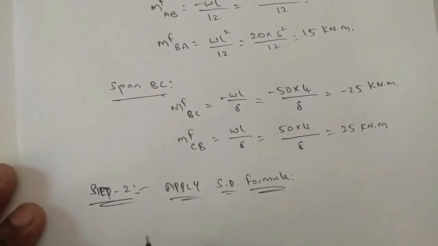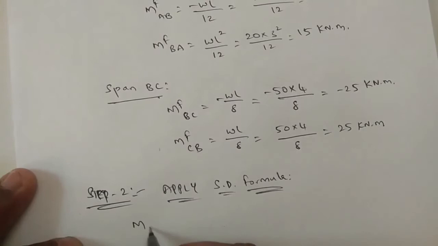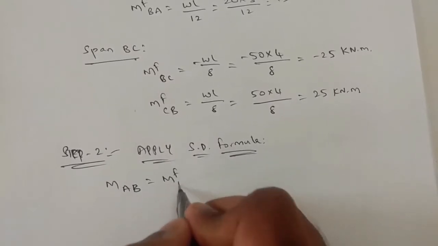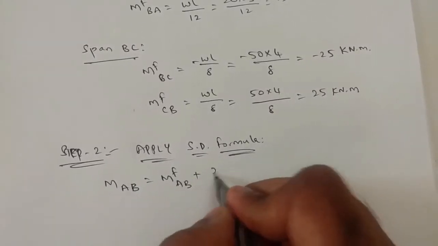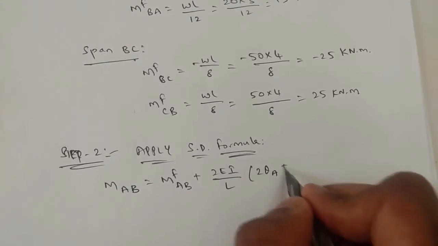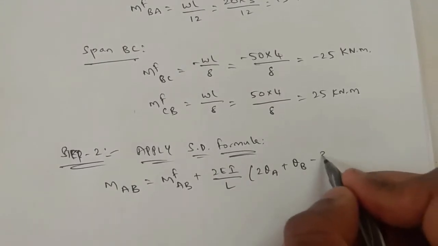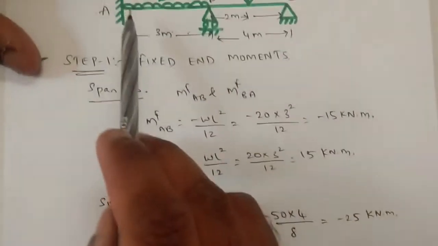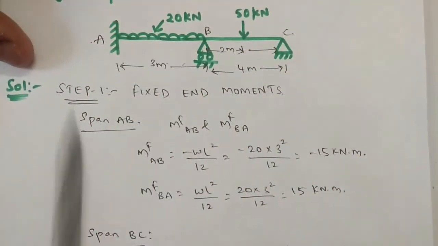What is the formula? MAB equals fixed end moment MFAB plus 2EI by L into 2 theta A plus theta B minus 3 delta by L. For every span you have to apply the slope deflection formula.